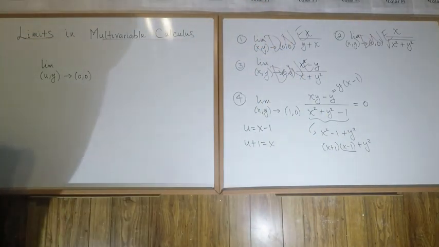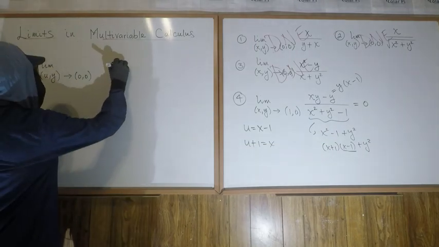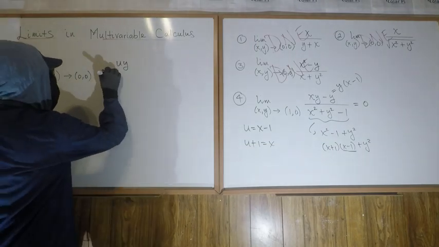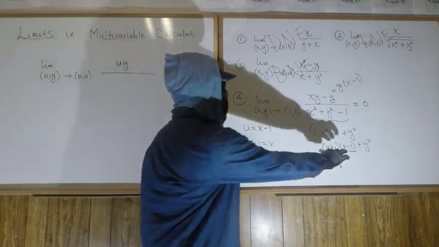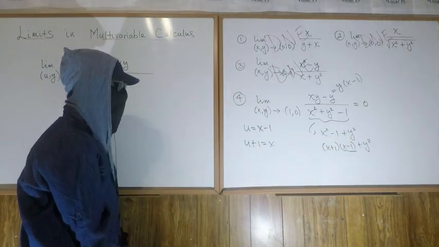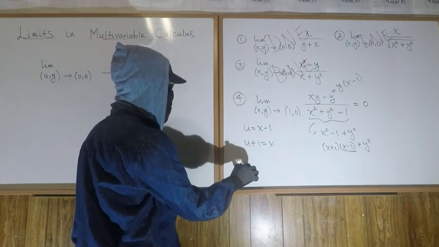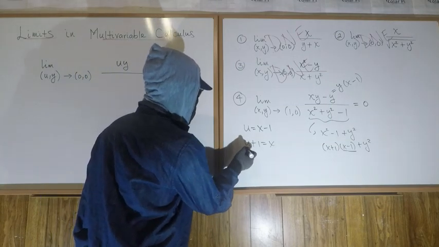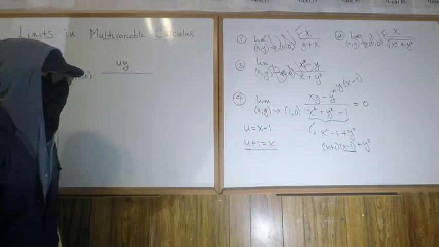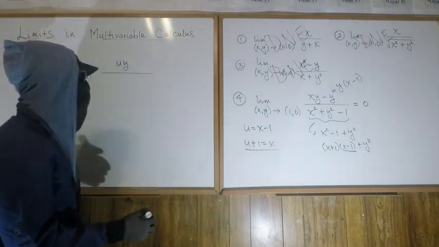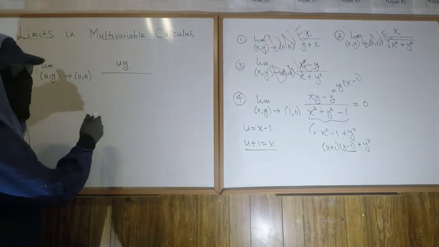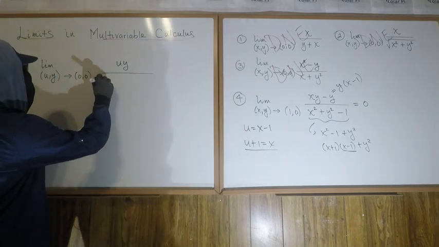So in the numerator, what we have is uy. Okay, and in the denominator, we just learned that x minus 1 is really u. Now, what's x plus 1? X plus 1 is going to be u plus 2. Because, basically, if you take this and add 1 to both sides, on the left, you're going to get u plus 2. On the right, you're going to get x plus 1. So, in the denominator, we've got x plus 1 is u plus 2.